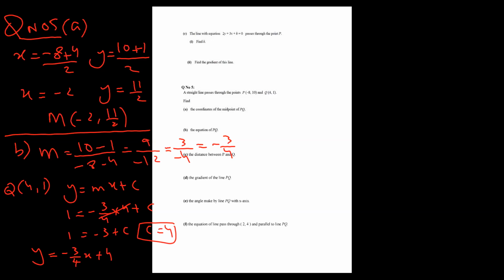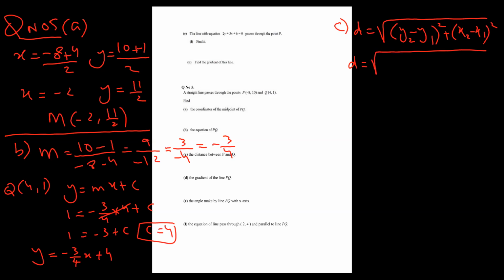Now he is asking for part C, the distance of PQ. And the distance formula is easy to memorize: square root of y2 minus y1 whole square plus x2 minus x1 whole square. And see from the question, 10 minus 1 and minus 8 minus 4.